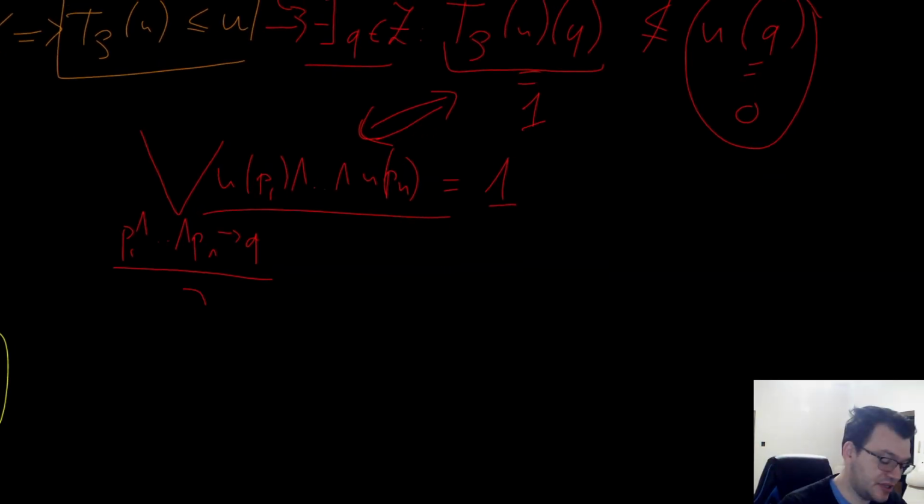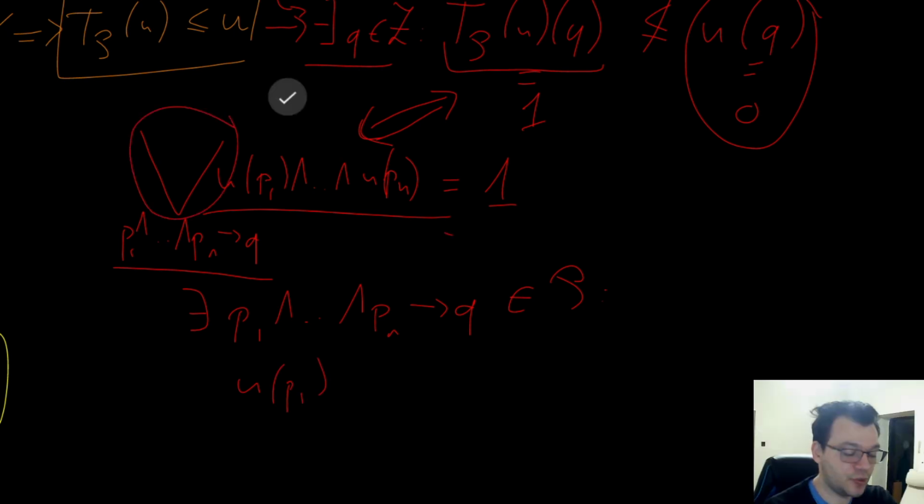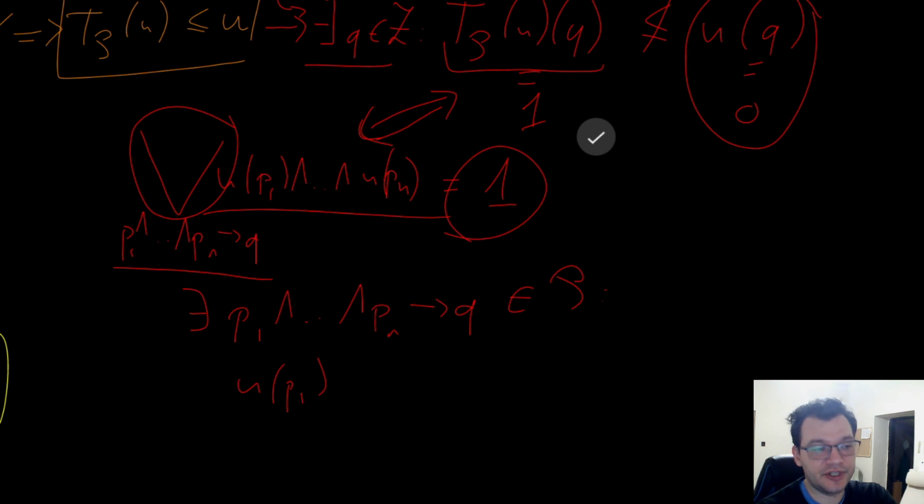So this again means that there is a clause P1 to Pn implying Q in P such that U of P1 and so on are 1, because this supremum evaluates to 1 if and only if there is an element evaluating to 1 in the supremum. If everyone gets evaluated to 0, then the supremum will be 0 as well.